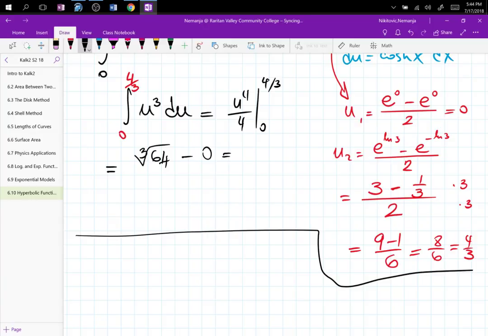Okay. This is 8, 2. So this is cube root of 8 squared. So the answer over here is 8 to the 2/3.